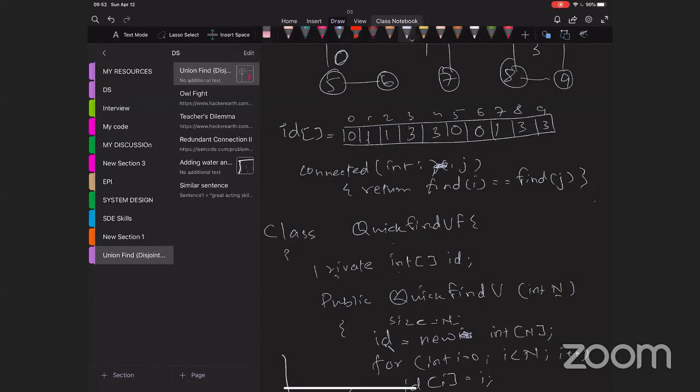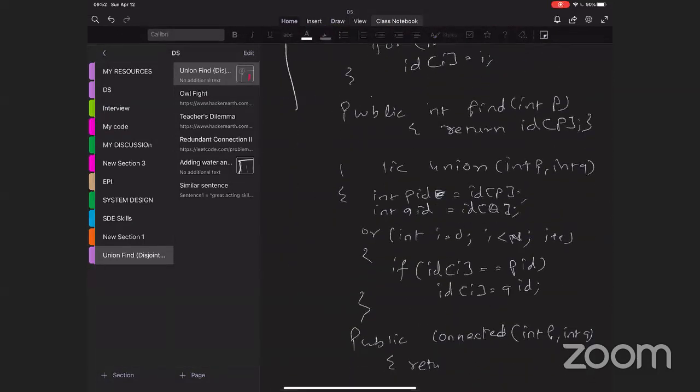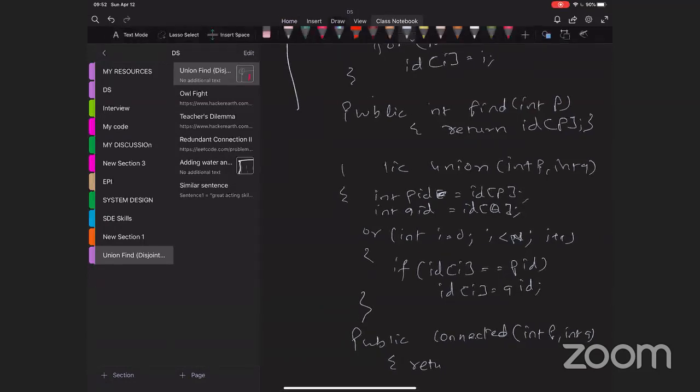So I'm going to change my code: array dot size. That's correct. ID dot size.